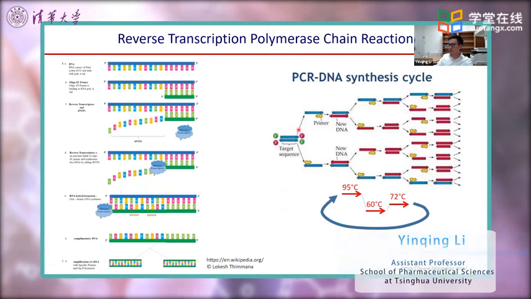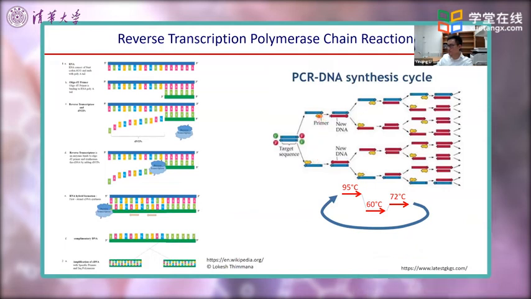To amplify the DNA, we use a primer again, which binds to the region that we want to amplify. Once it binds there, we use a DNA-dependent DNA polymerase, or just polymerase for short, to carry out the strand extension to form the new DNA. And now here comes the critical part. We have to separate these two strands for the primer to bind again. So we heat up the DNA to 95 degrees to separate the template DNA and the newly formed DNA strand.